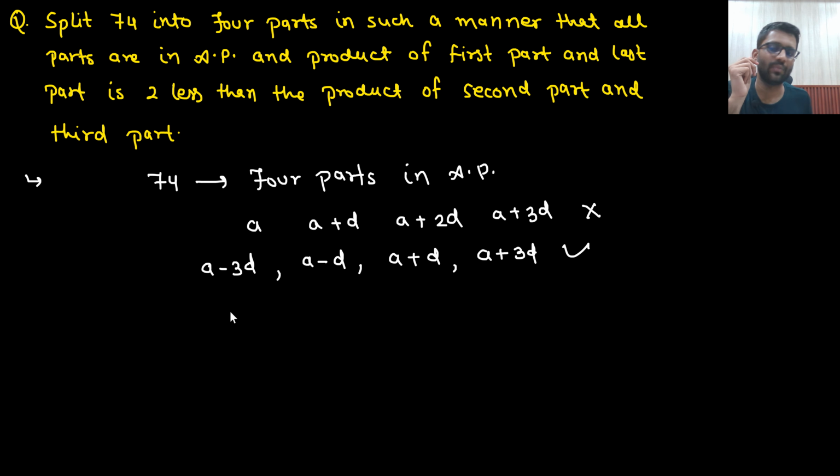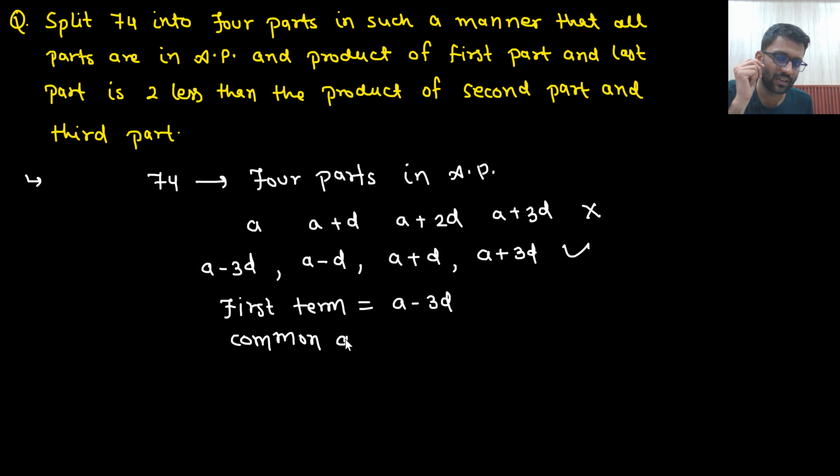So this is how I will assume, where my first term is not a here, my first term is a minus 3d and my common difference is what? My common difference is 2d. How do you find common difference? Let's just say I have a1, I have a2.